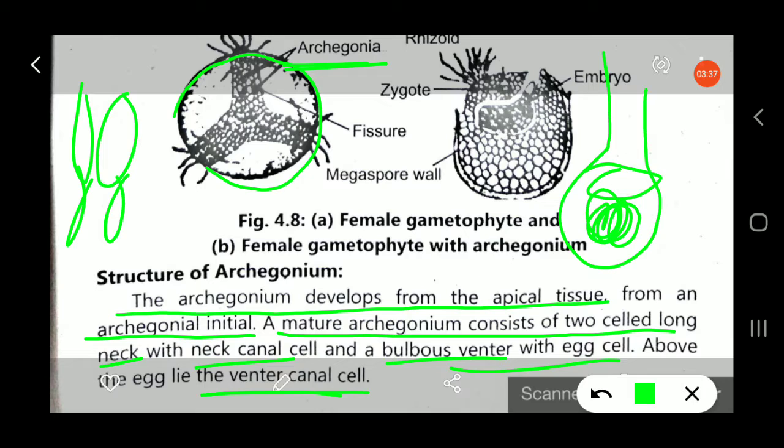First is the archegonium, which is developed from the apical tissue from the archegonial initial cells. Then the mature archegonium consists of neck cells and neck canal cells, and a bulbous venter, which consists of the egg and venter canal cells.